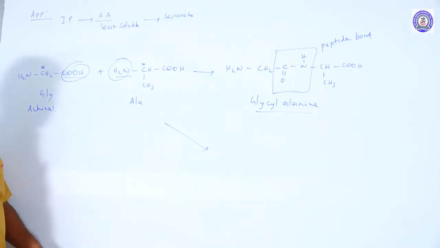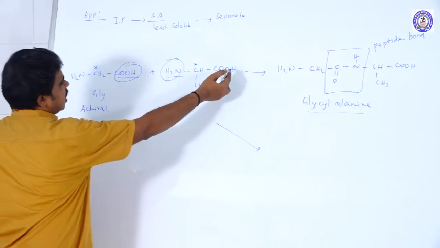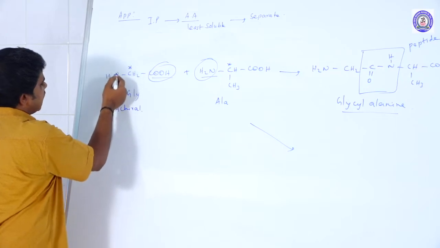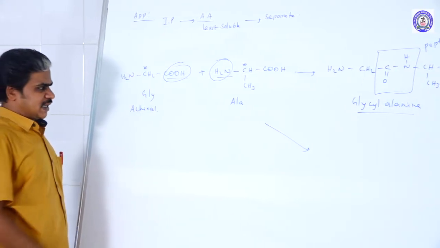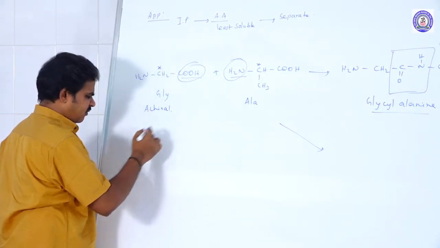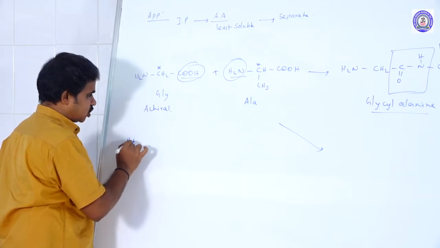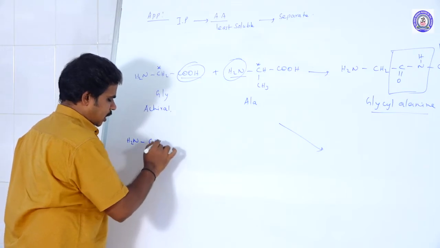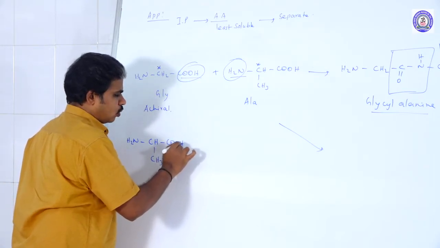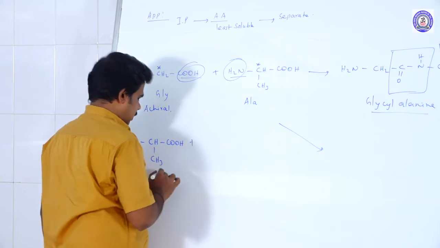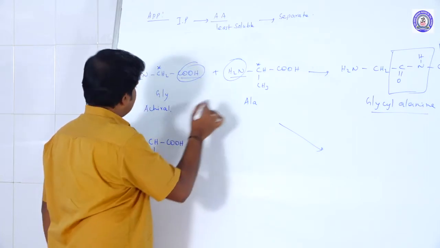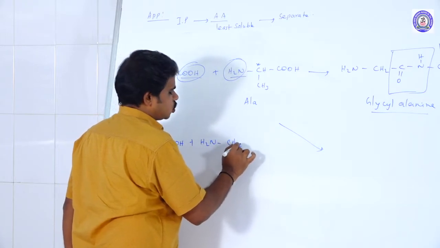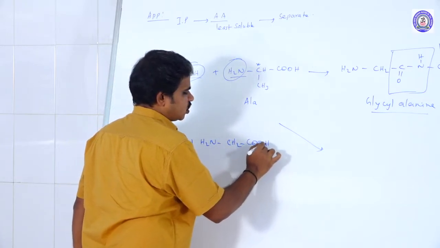That is, the COOH group of alanine is reacted with the NH2 group of glycine. So we take alanine first. It is H2N-CH(CH3)-COOH, and it is alanine. Glycine is H2N-CH2-COOH.